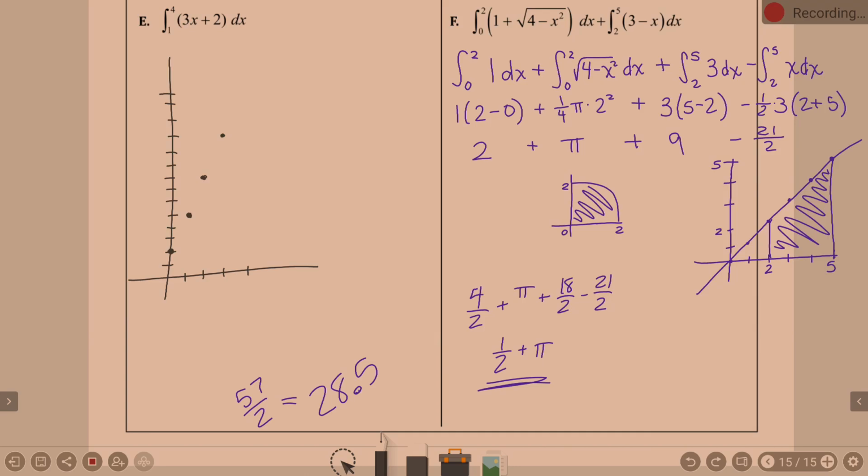So let's see. That's a straight line, right? Ooh, that's bad. But it is what it is. Ooh, gosh. Okay, I can correct that a little bit. 1 to 4.